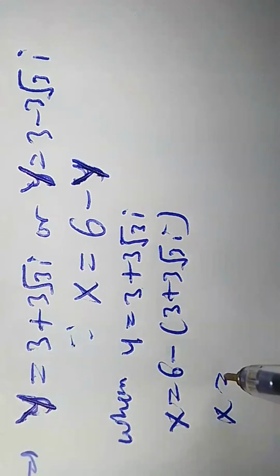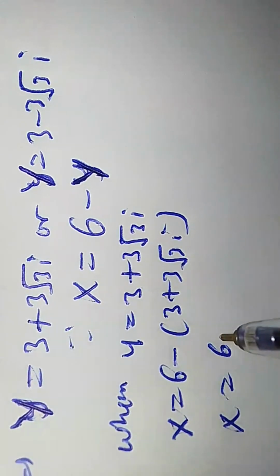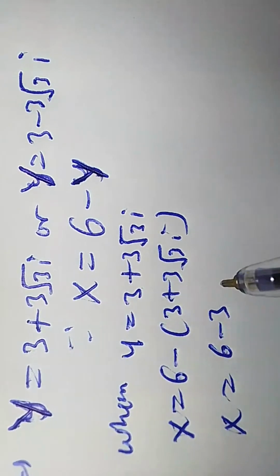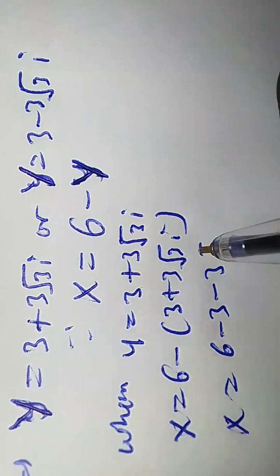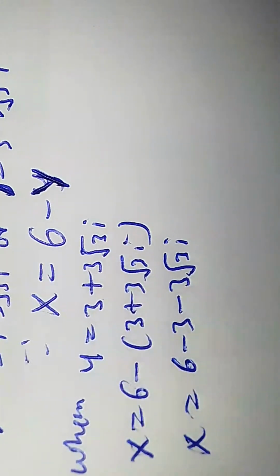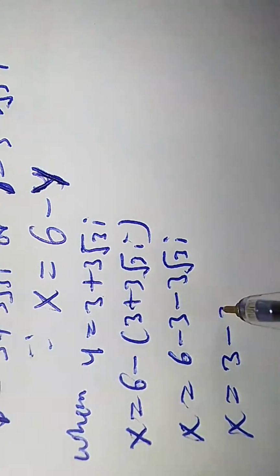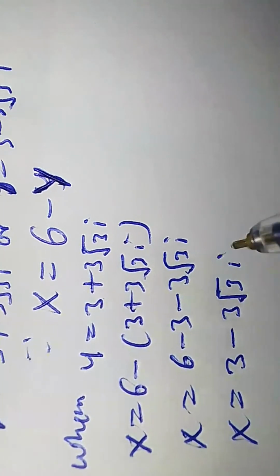So x is equal to 6 minus times 3, that is minus 3, minus times plus, that is minus 3 root 3i. So our value of x is equal to 3 minus 3 root 3i.